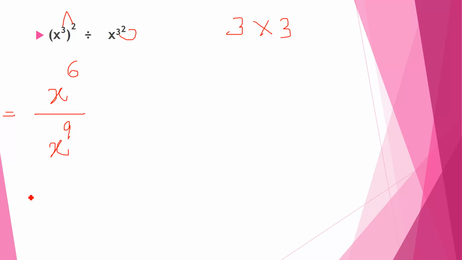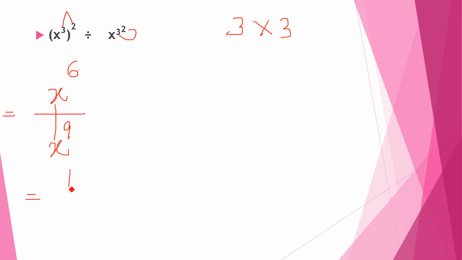Now it is the simple division. So see, this is exponent 6 and this is exponent 9. You can take either one. You can take 9 to the numerator, or you can bring 6 to the denominator because we have the same base. So I will do both methods. First we are bringing this 6 to the denominator, same base.